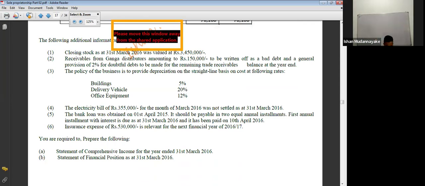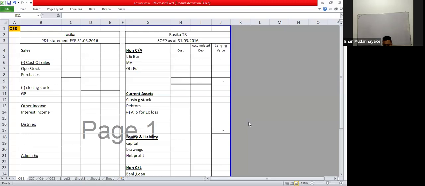Closing stock of the business 3,480. What was the double entry for the closing stock? We discussed with the tute 1 closing stock double entry: closing stock account debit, trading account credit.